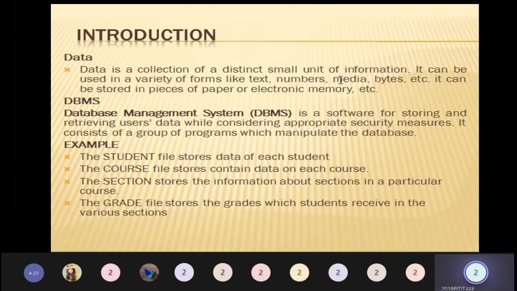This collection of data is called a database.